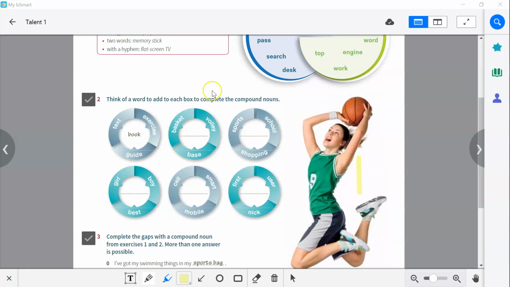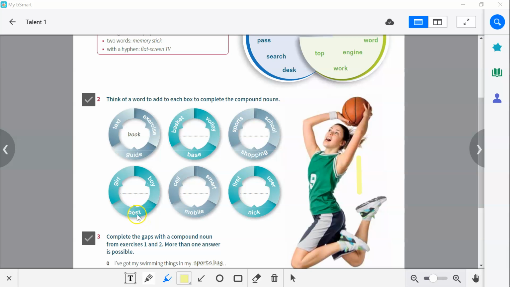Okay, let's see. Basket, volley, base, ball: basketball, volleyball, baseball. Sports, school and shopping: sports bag, school bag, shopping bag.